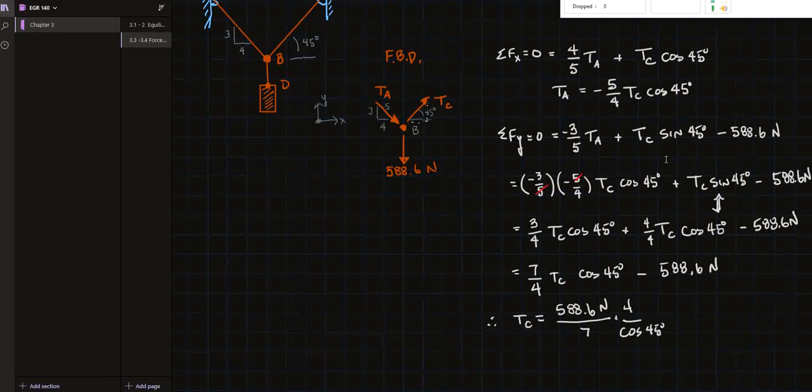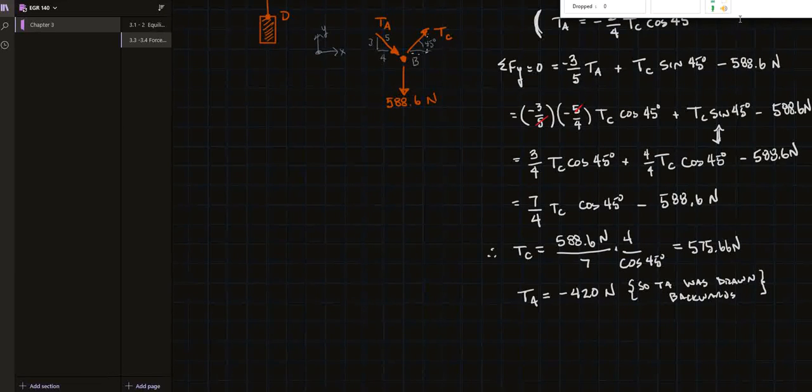You could have done this as sine 45 degrees if you wanted. Since TA is negative, we have drawn TA backwards, and TA should point in the other direction.